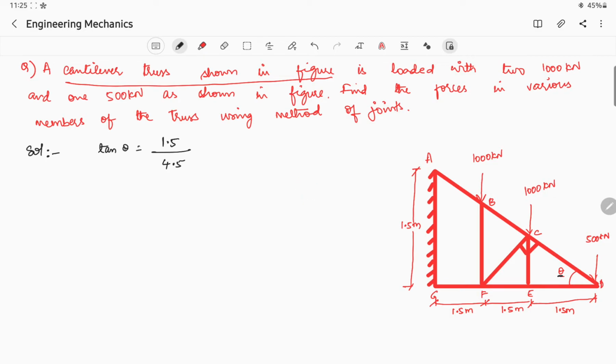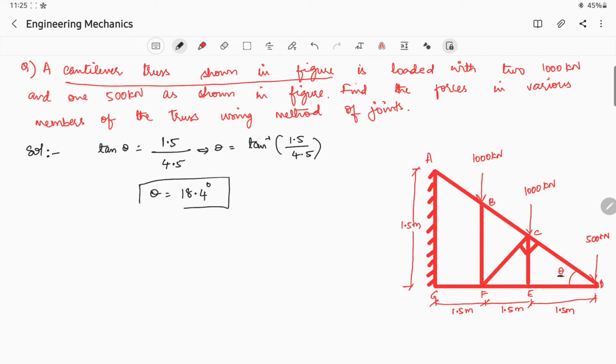So tan theta is equal to 1.5 by 4.5, which implies theta is equal to tan inverse of 1.5 divided by 4.5. So theta is equal to 18.4 degrees.